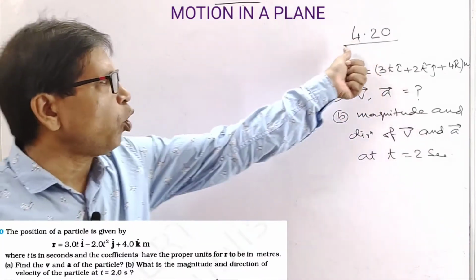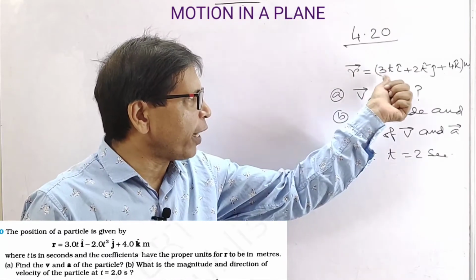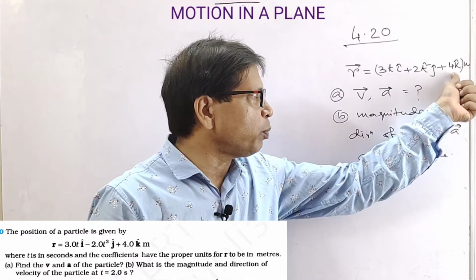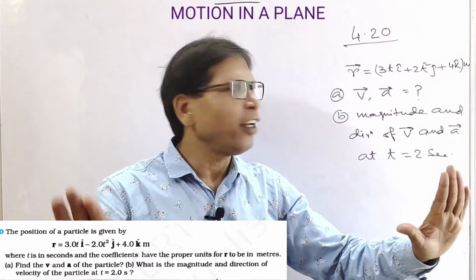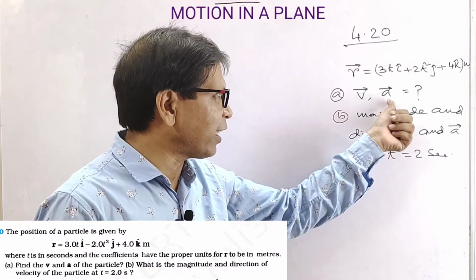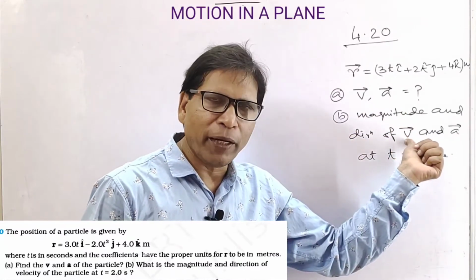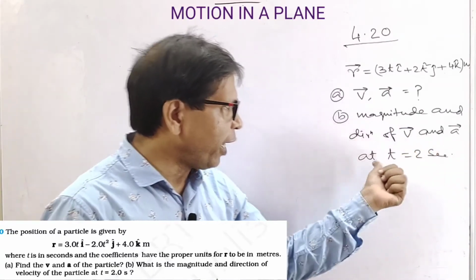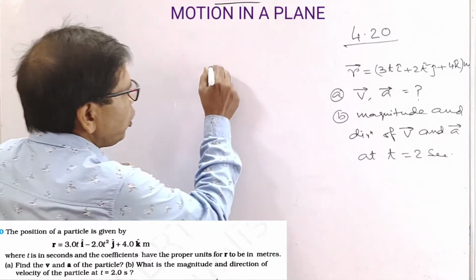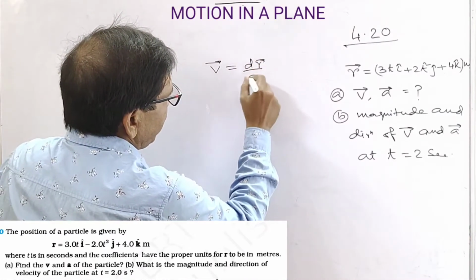Look at this, 4.20. The position vector of a particle is 3t i cap plus 2t² j cap plus 4k cap meter. We have to calculate the velocity vector and acceleration vector, and the magnitude and direction of the velocity vector and acceleration vector at t equal to 2 seconds. The velocity vector v is dr by dt.